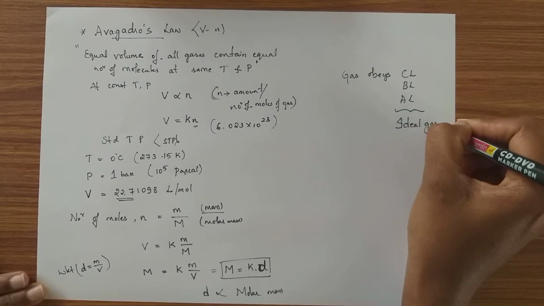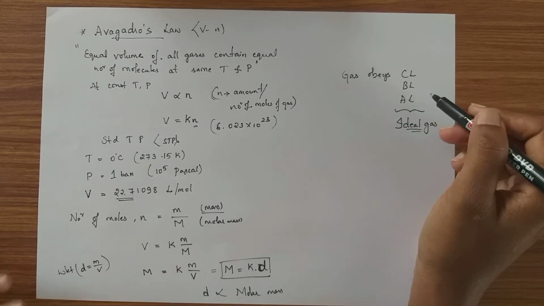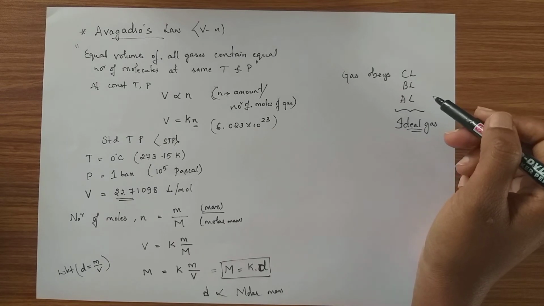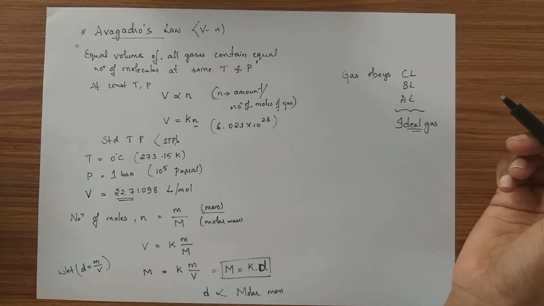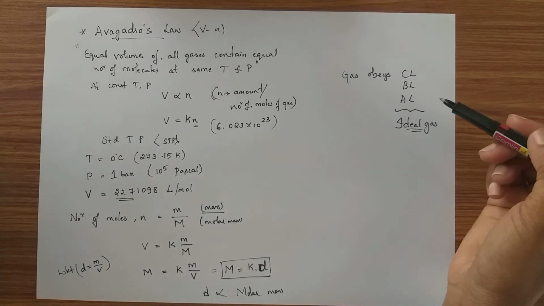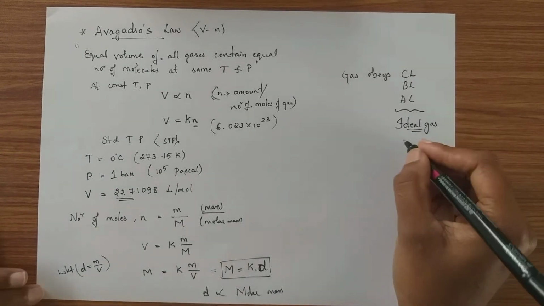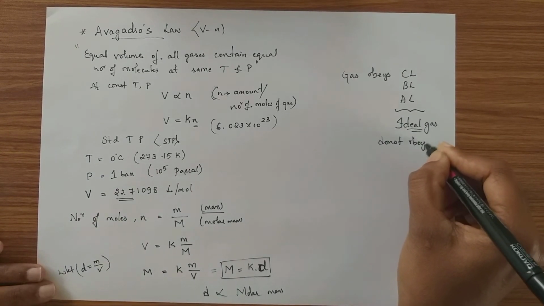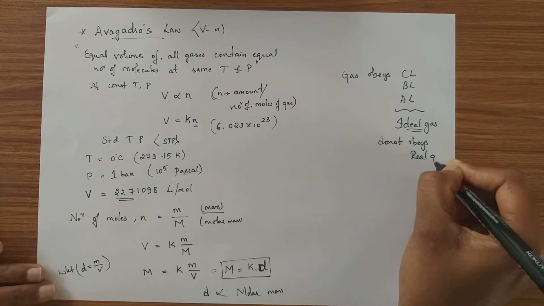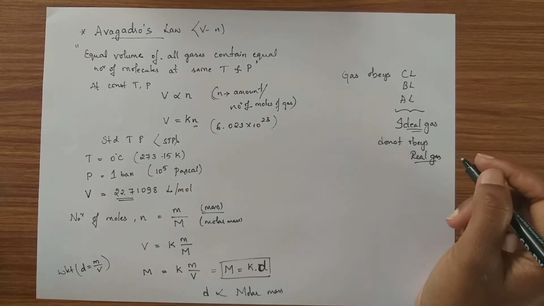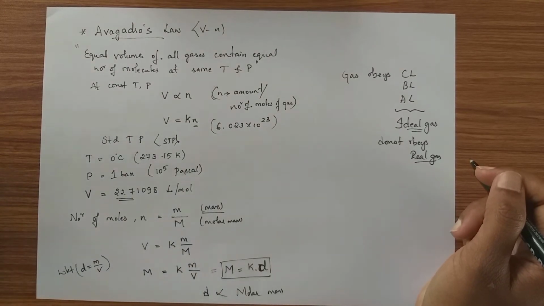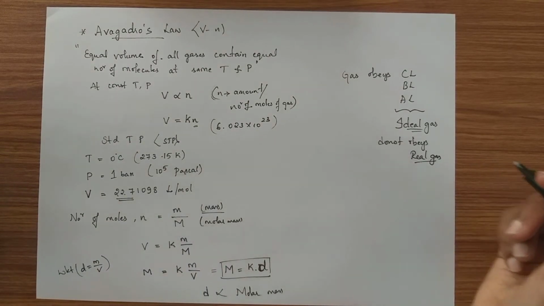A gas which does not obey these laws, we call it a real gas. Okay na? But a real gas does not mean it never obeys; under some specific conditions it will obey.